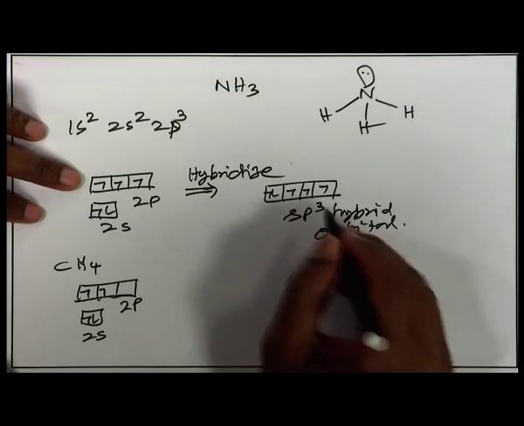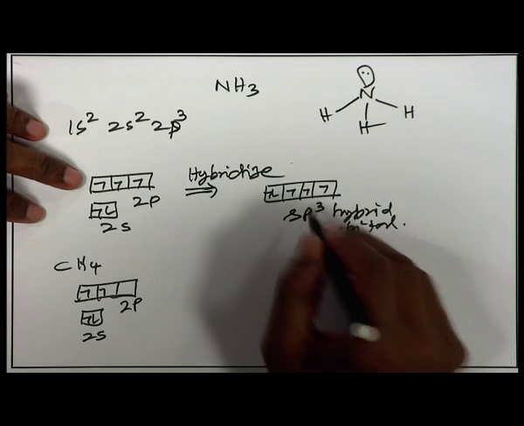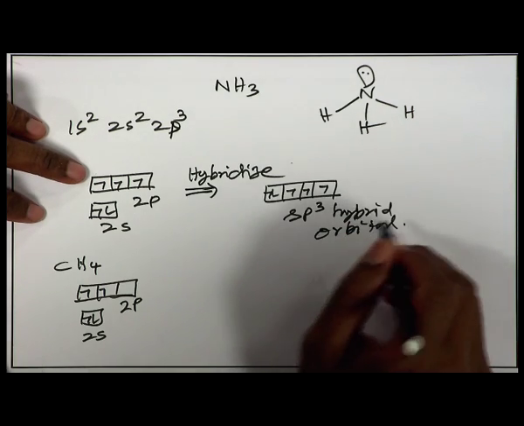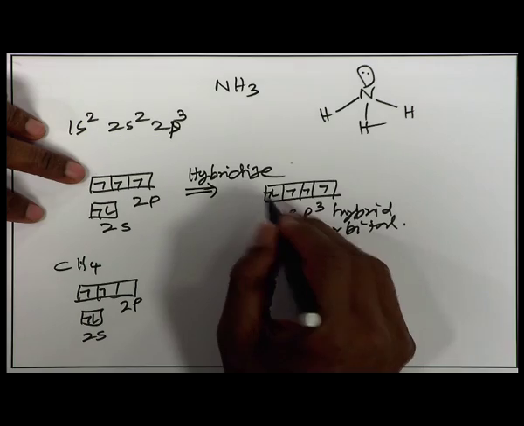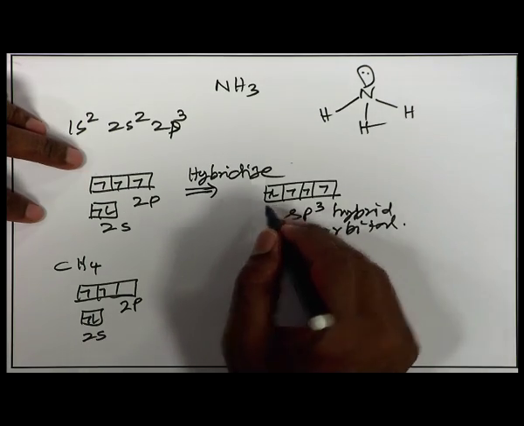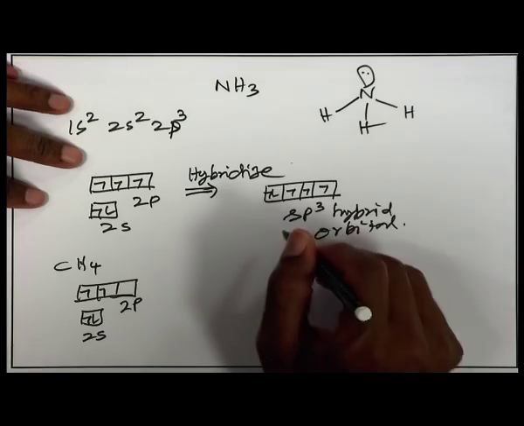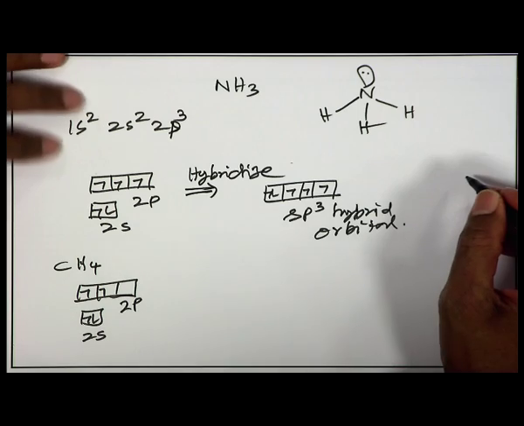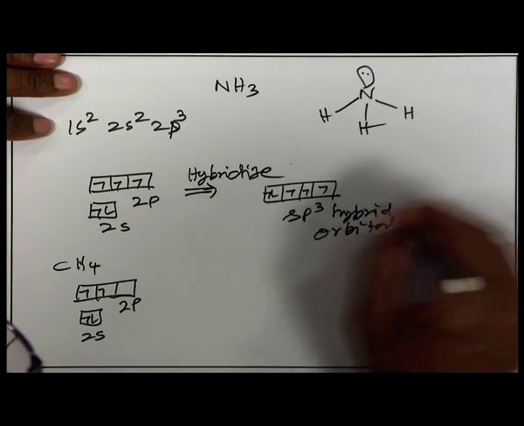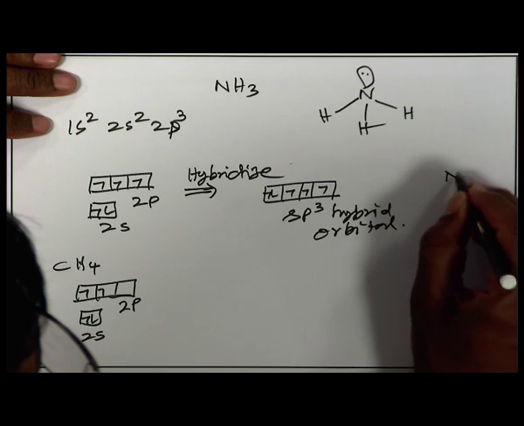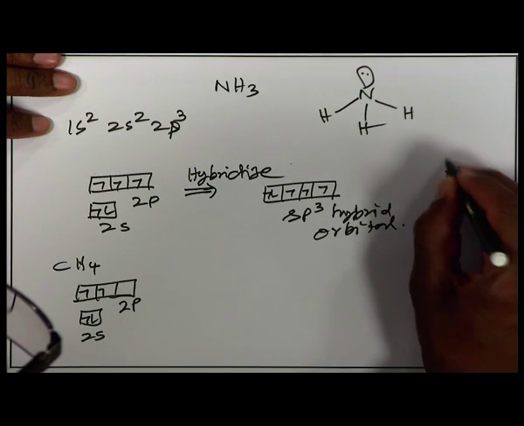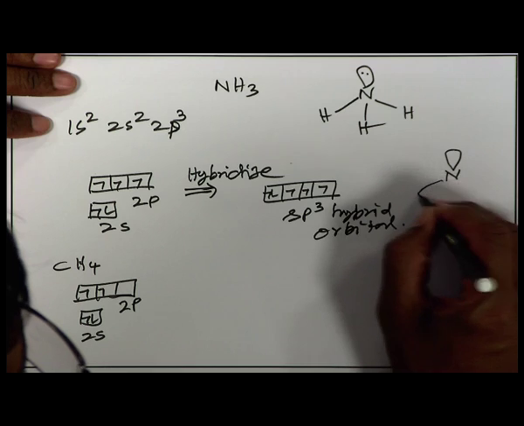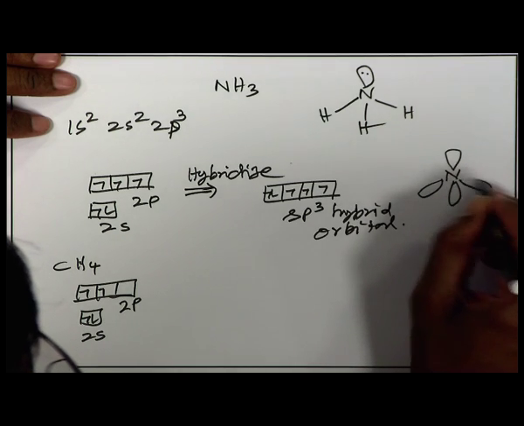So, you have sp3 hybridized orbitals in which one of them is occupied by 2 electrons, so that means it is completely filled, and then you have the remaining 3 sp3 hybridized orbitals available for forming bonds. You can draw the structure in this way. You have a nitrogen, and then one lobe, another lobe, another lobe, and another lobe.